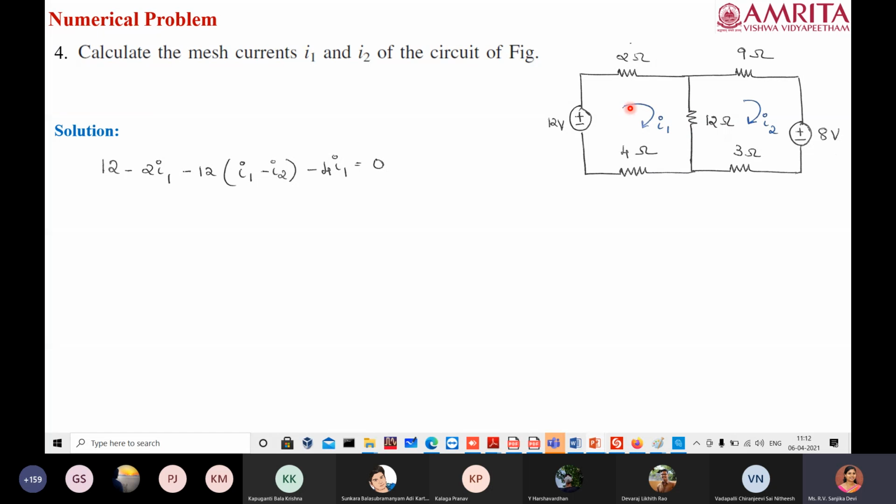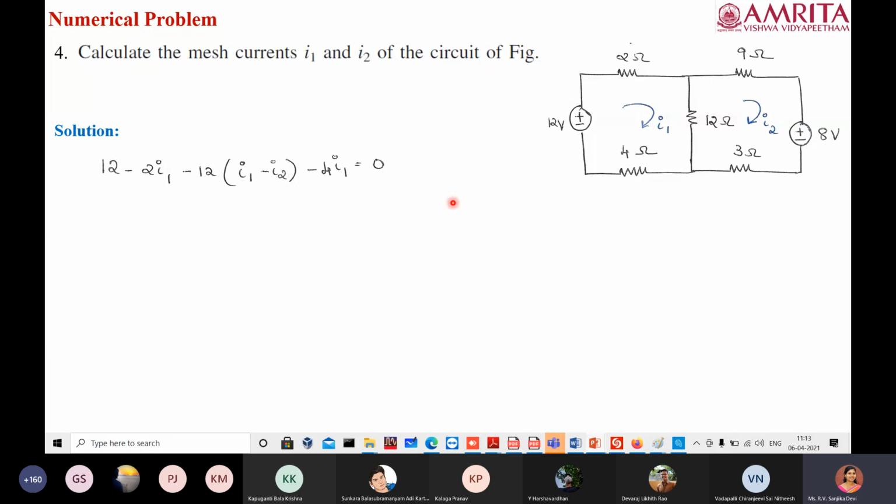Now, for the first loop, we will go with the reference direction of I1. When I1 is flowing below, there is a drop, so it is minus 12 times (I1 minus I2). And for the fourth element, it is minus 4 I1. Okay, so this is the first equation.